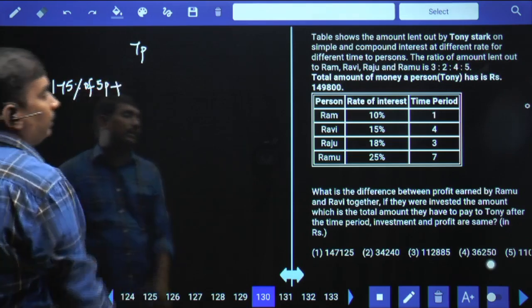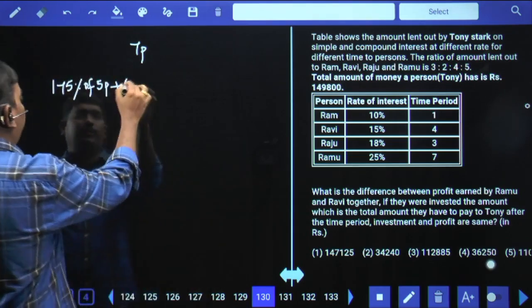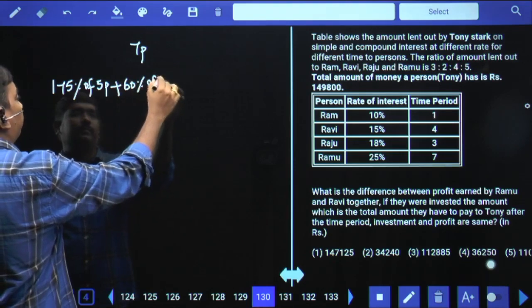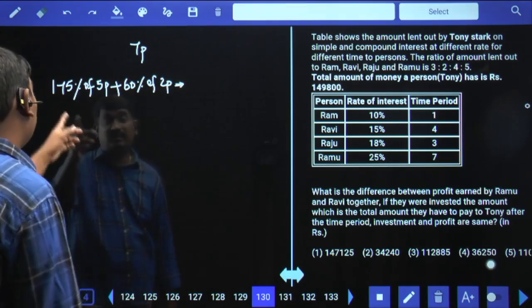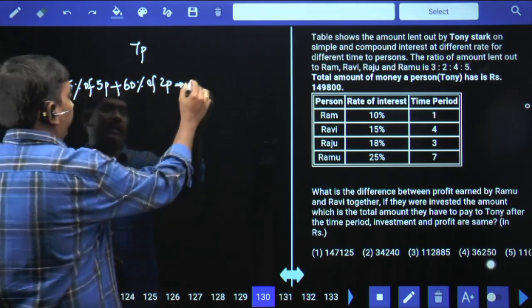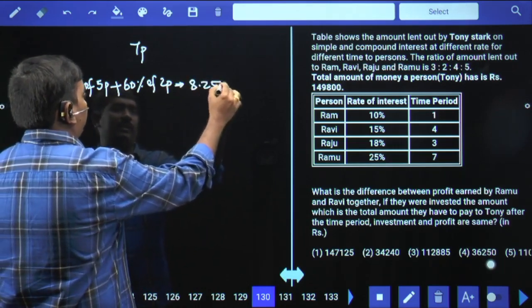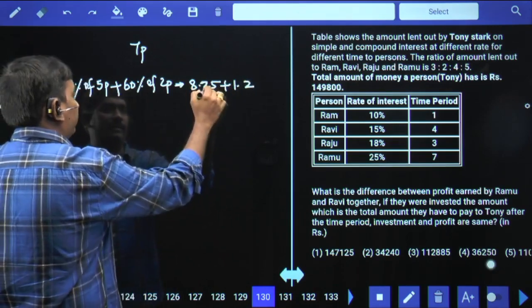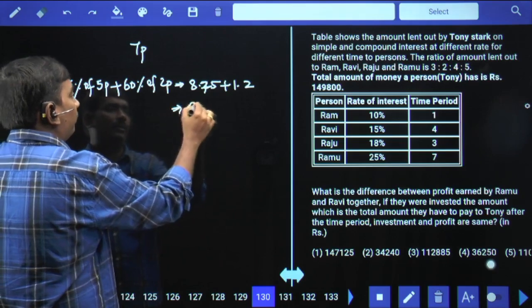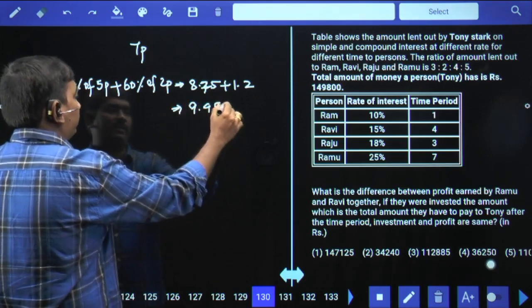Ramu. Ravi 60% of 2 parts. So 175% of 5 parts is 8.75 plus 1.2, 9.95 parts.